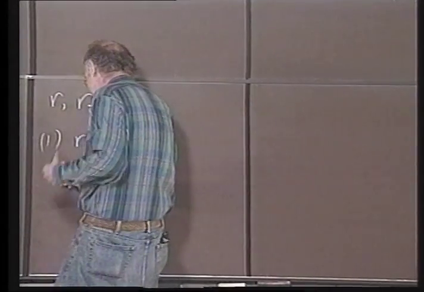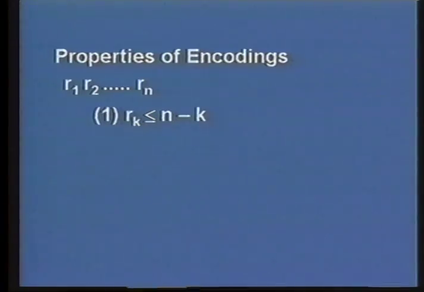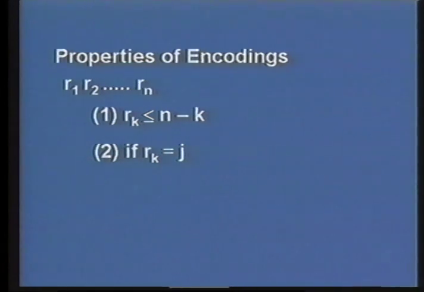Now, that's necessary. Another condition is a little trickier, but also true, and that is if Rk is equal to j, that means that we have j guys in the right subtree. That means I draw an arrow past the next j things.